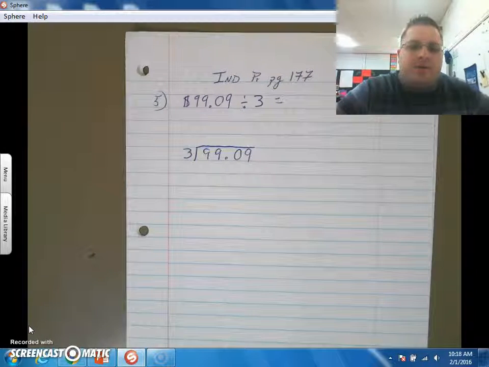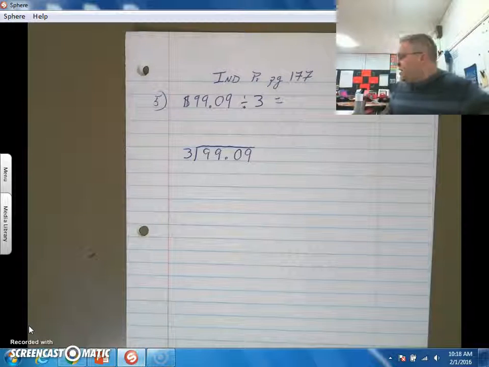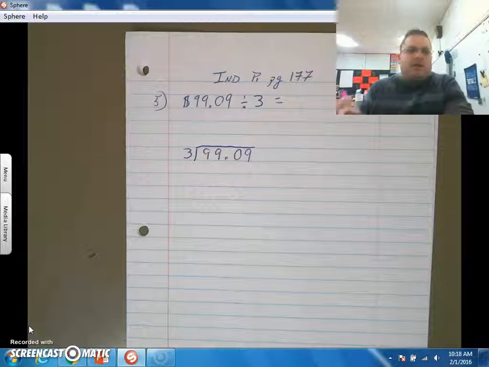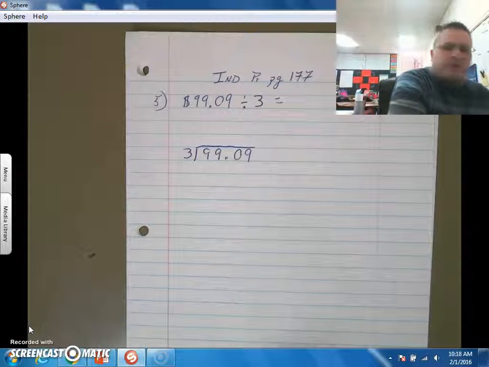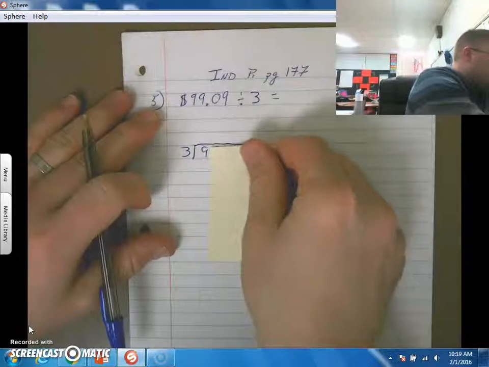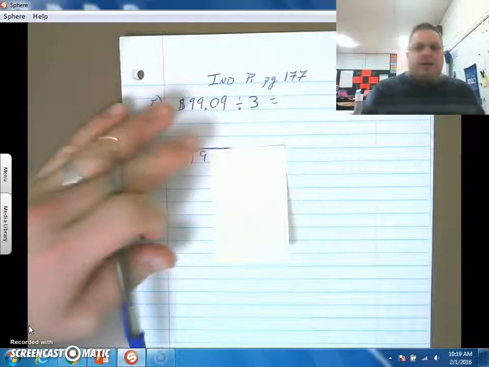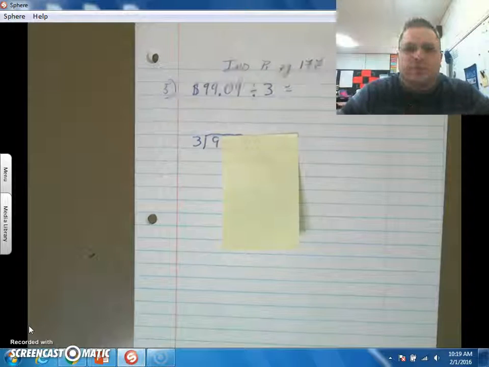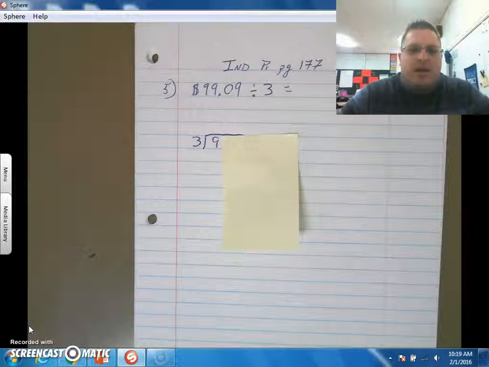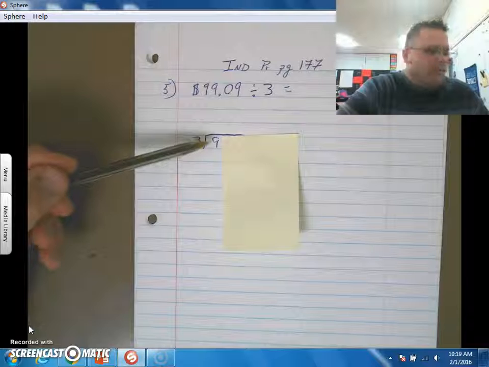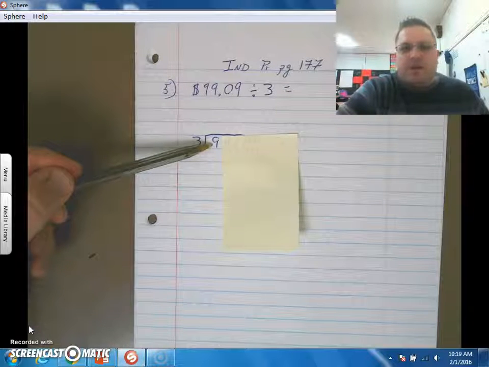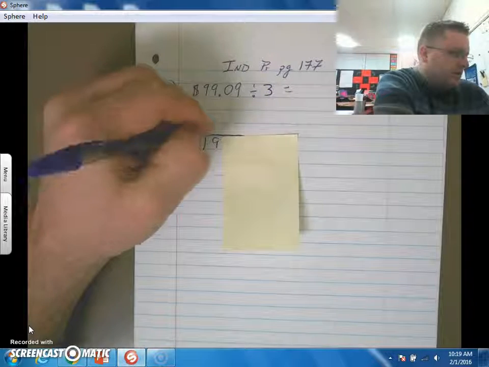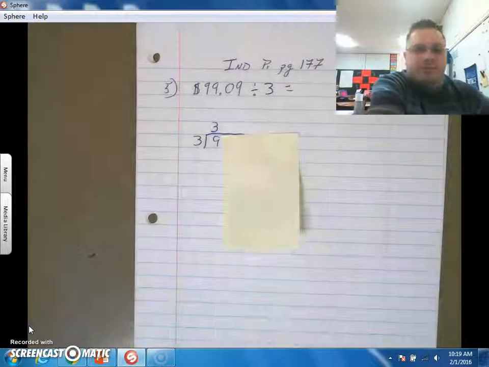Remember when we divide, we go left to right, and I can essentially forget about all those other numbers right now. So I'm only doing small division. And so I'm going to look at the first place value and think of 9. 9 divided by 3. 3 goes into 9 3 times.